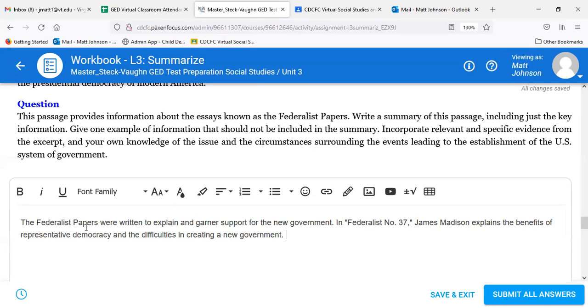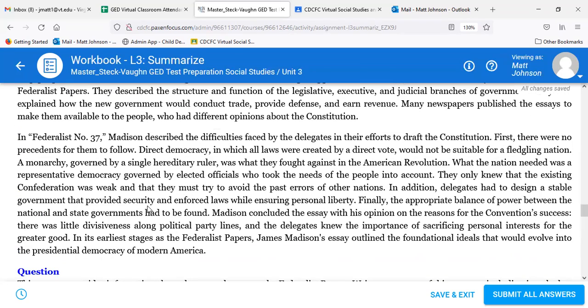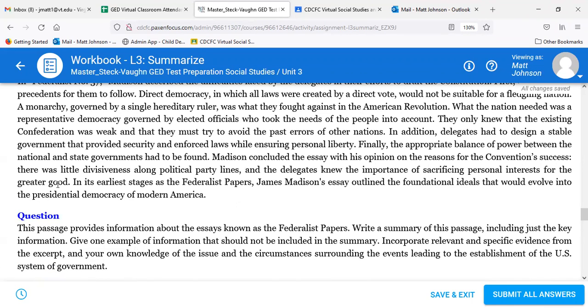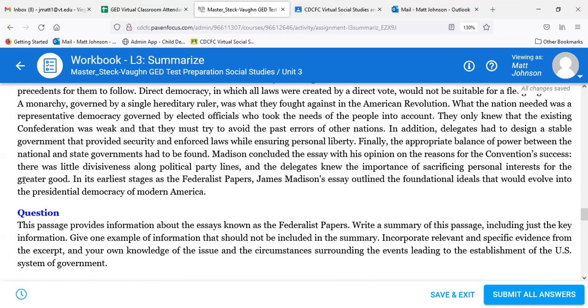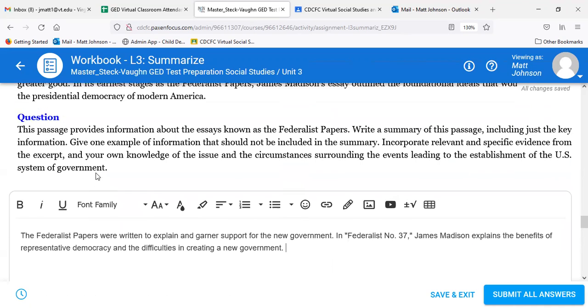And we could also say, do you want to include the fact that it discusses the three branches of government that we still have today? Okay, let's see. I want to say we need to put in something about there's no precedent, right? There's nothing before it, and creating something new.